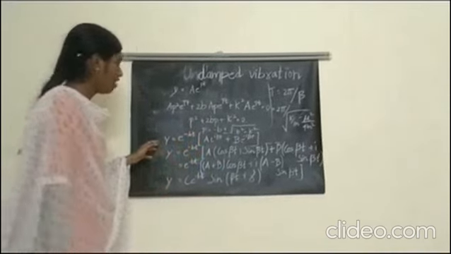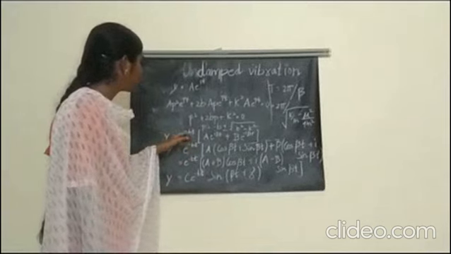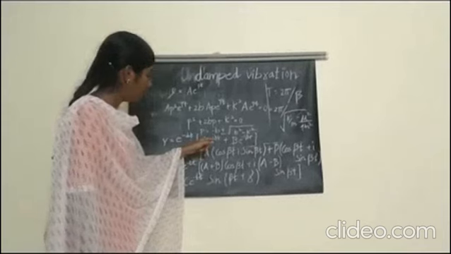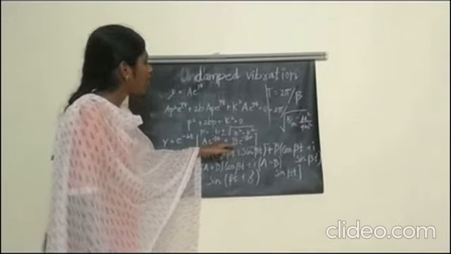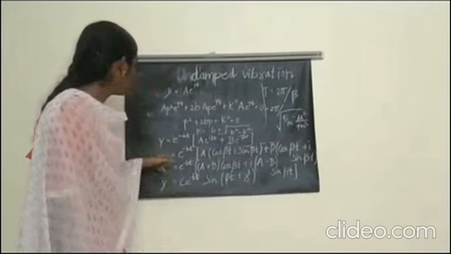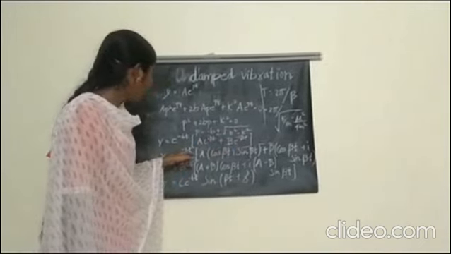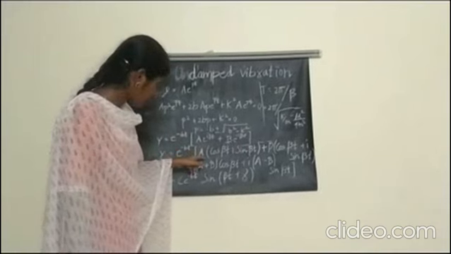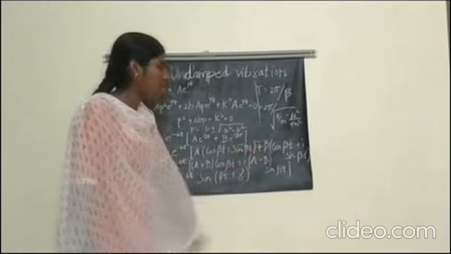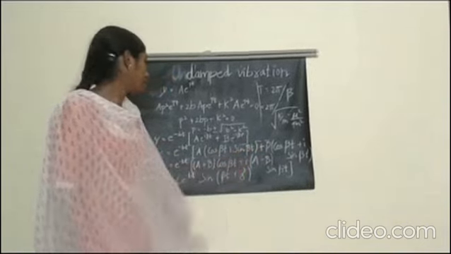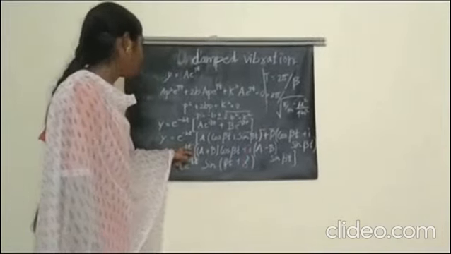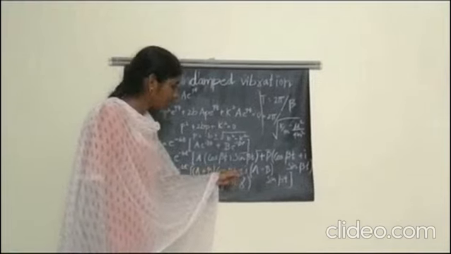And then we get the equation y equals e power minus bt into A e power i beta t plus B e power minus i beta t. So y equals e power minus bt into A cos beta t plus i sin beta t plus B cos beta t minus i sin beta t, equal to e power minus bt into A plus B cos beta t plus i A minus B sin beta t.